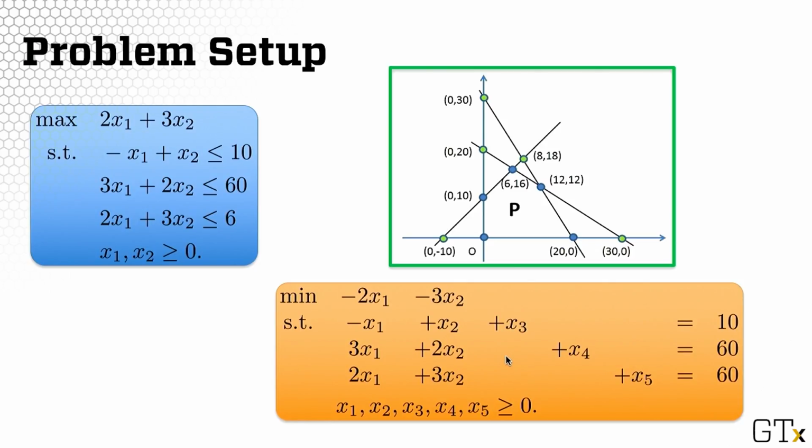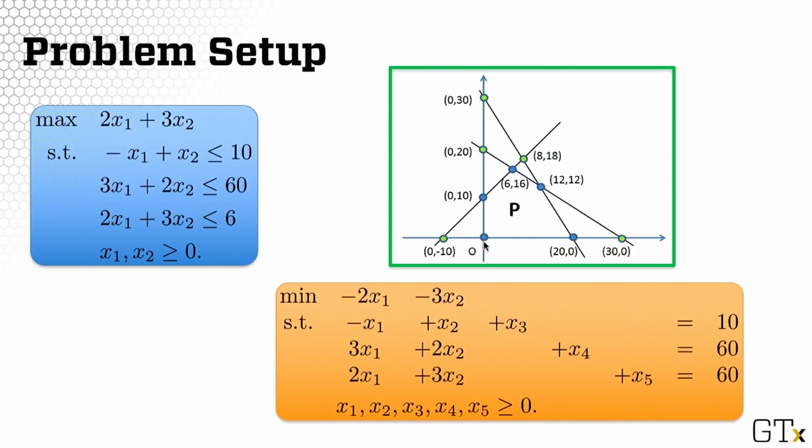I want you to pay attention to linking this standard form LP back to the original LP. This standard form LP is in 5 dimensions, but the first two dimensions correspond to the original variables. So this basic feasible solution we just found, 0, 0, 10, 60, 60, has x1, x2 being 0.